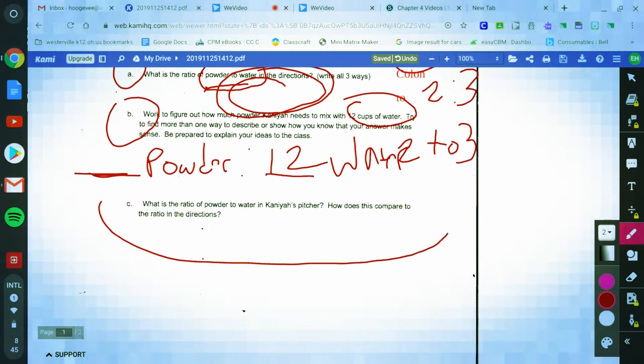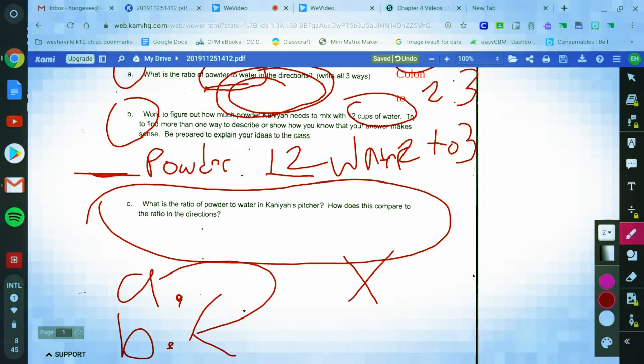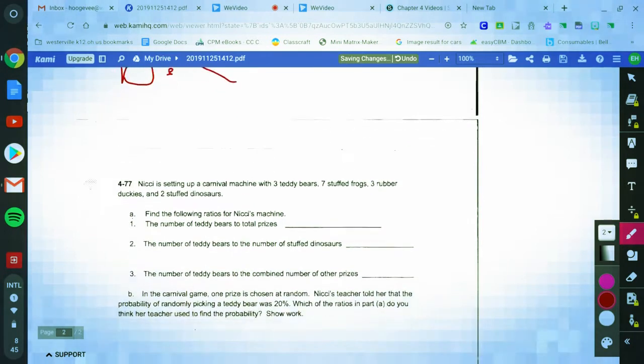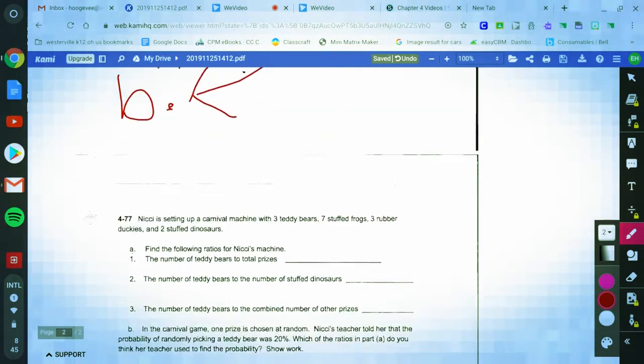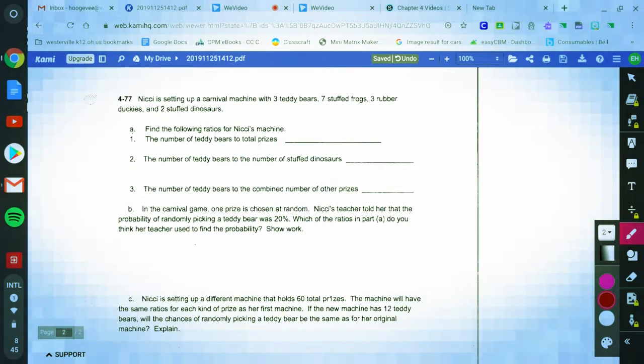And then C is kind of just rewriting that ratio from B. So you can write the ratio from A here to your ratio to B. And what I want you to think about is what multiplier from A did you use to get to B? So you can pause the video here while you're still working that out. And if you're ready to go to the back, we'll go to the back.